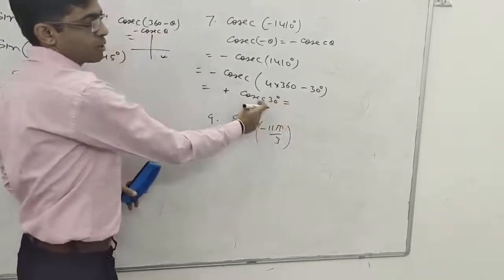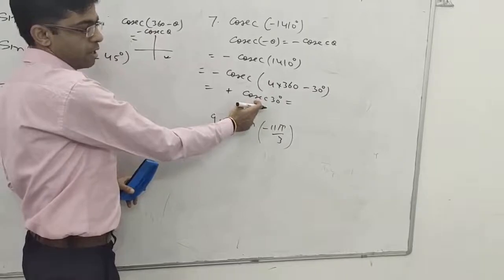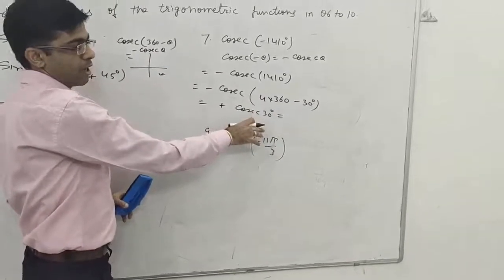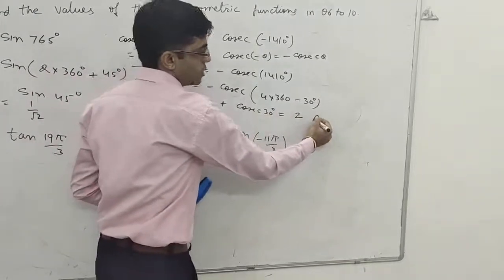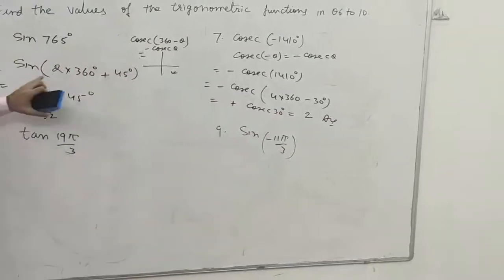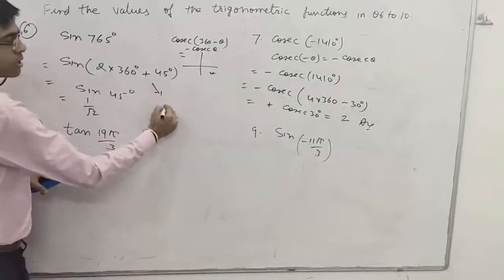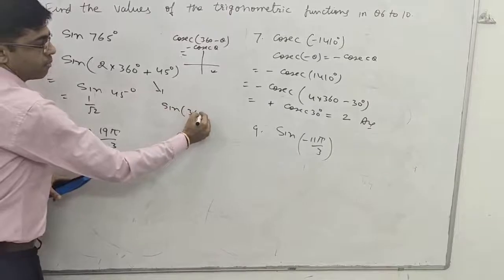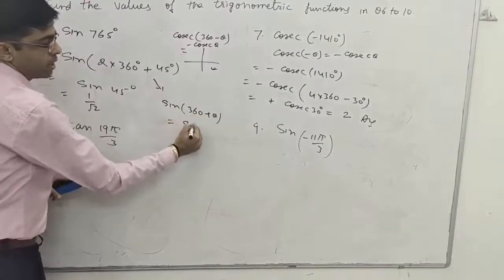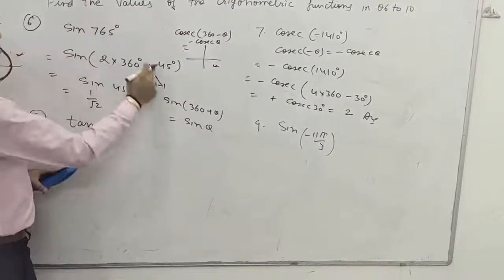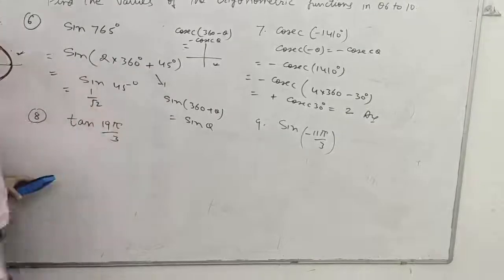And the value of cosec 30 degree you studied in class 10. That is the reciprocal of sin 30 degree. Sin 30 degree half होता है, so this is 2. Same as this. This is of the form sin 360 plus theta. Sin 360 plus theta is sin theta. It again comes in the first quadrant because these are periodic functions.